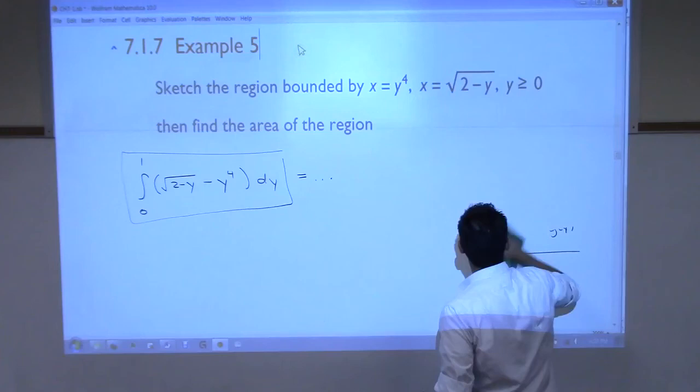This is a function of y. This one right here is another function g of y. The one on the right is this one, the one on the left is this one. So I'm going to have the integral of square root of 2 minus y minus y to the 4th dy.